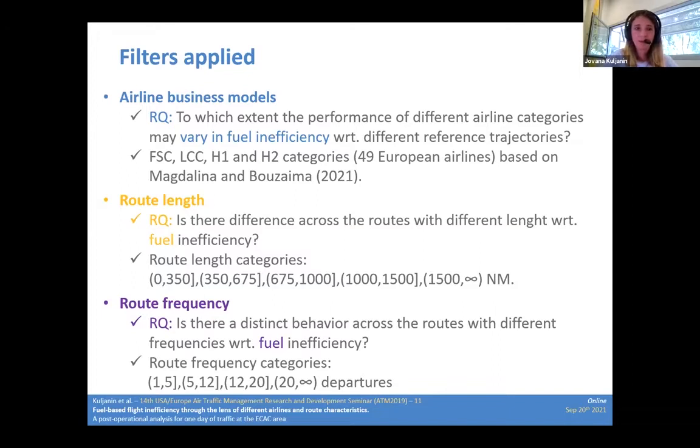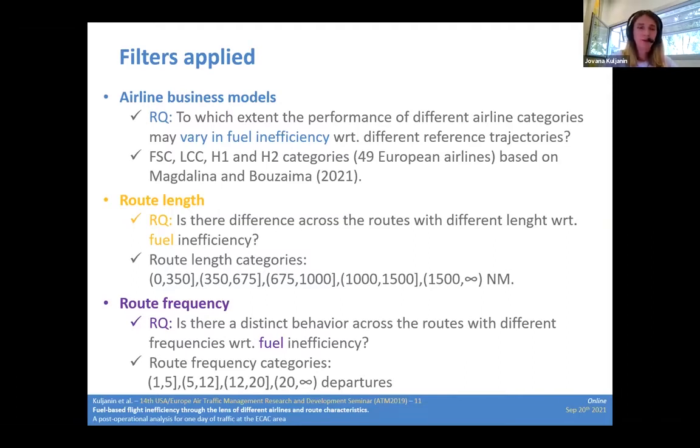So in the light of this ongoing hybridization process, our aim was to observe to which extent this hybridization is entwined with fuel efficiency. In this regard, we based our work on Magdalena and Pauzaima, who used K-means clustering in order to provide 4 different categories of airlines.